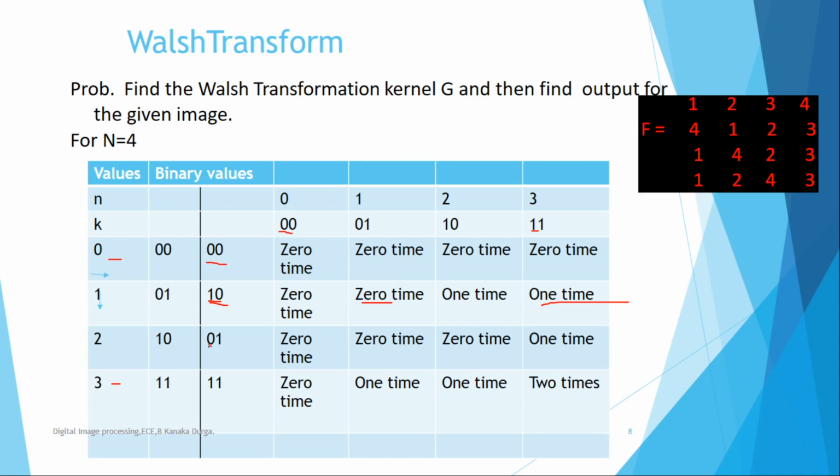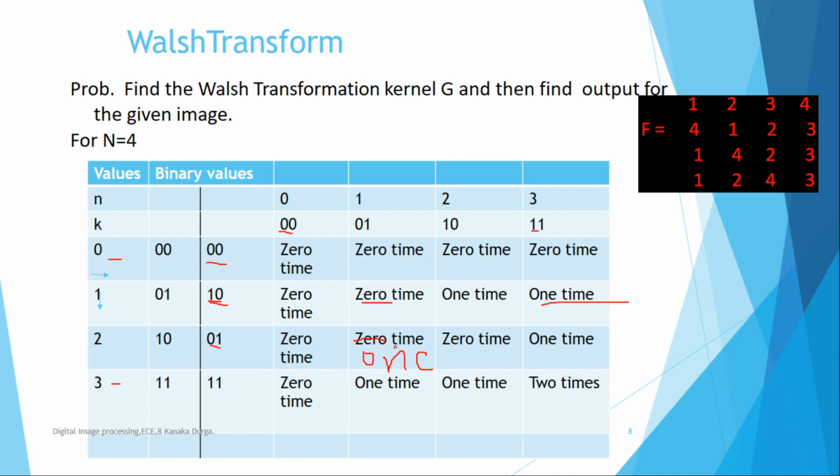Next one, 0 1, so no 1 is there, so 0 times. And next one, it goes for 1 time. So for 0 0 and 1 1, 1 time has been overlapping in this.